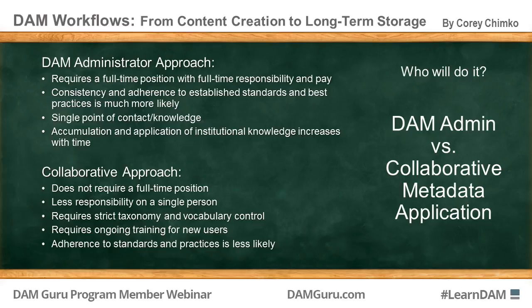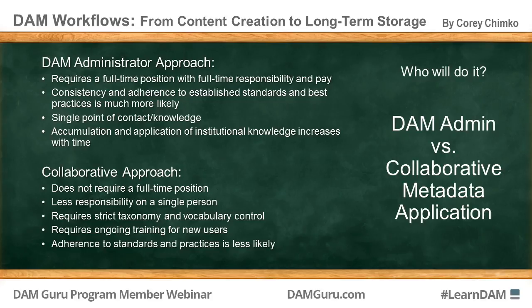And this is a big one, at least it was for me: the accumulation and application of institutional knowledge. So in an environment like Cornell, or like any large company or organization, it takes a while to get to know who the people are, who the stakeholders are, what kinds of things are more important than other kinds of things.